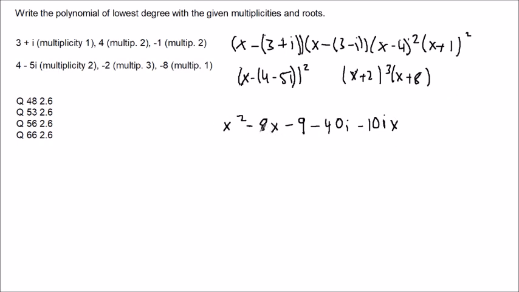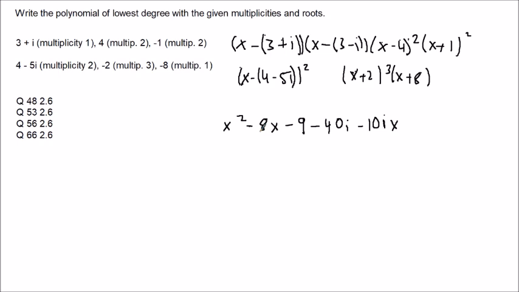Can we find one thing, just one thing that can get rid of this monstrosity, that can get rid of the minus 40i and the minus 10ix?